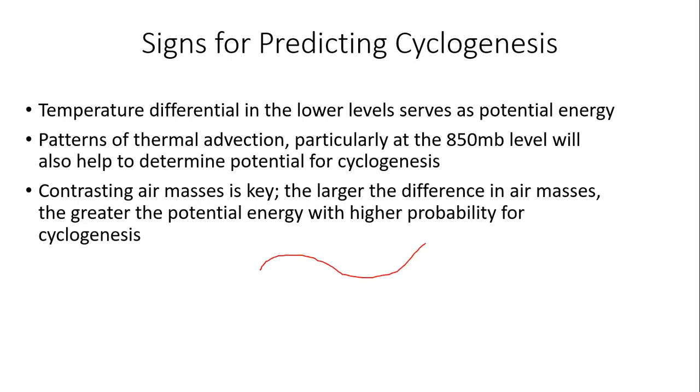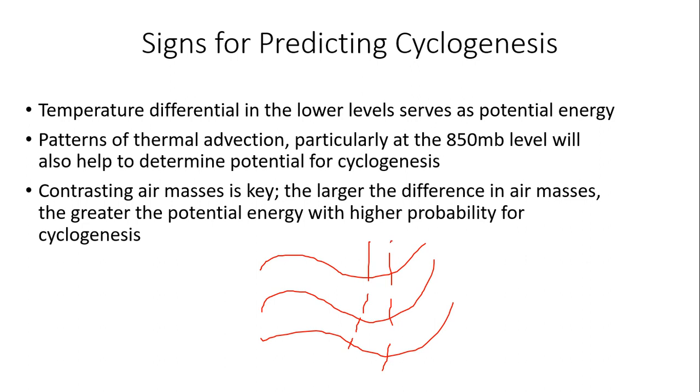Imagine these solid red lines are height contours at 850. So what you want is some type of crossing of these isotherms with these height contours. Okay. You want that crossing, you want that perpendicular relationship between these dashed red lines, the isotherms, lines of equal temperature, and these height contours, the solid red line.